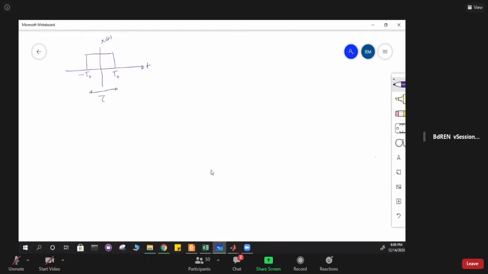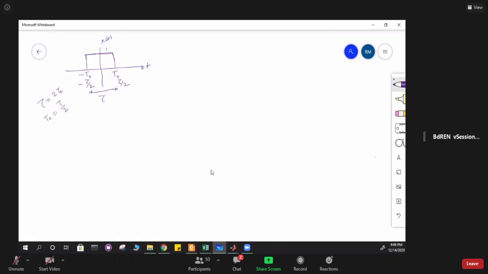Tau is the whole period for which it is 1. The relation between tau and T0 is that the period is 2 T0, and T0 will be tau by 2. So minus T0 in terms of tau is minus tau by 2, and here it will be tau by 2.